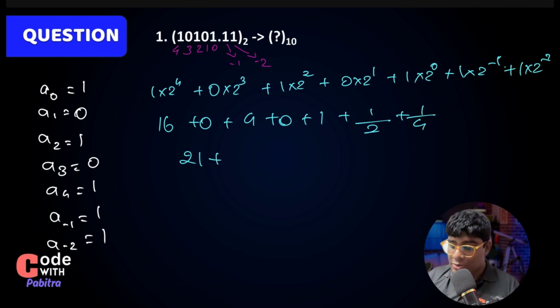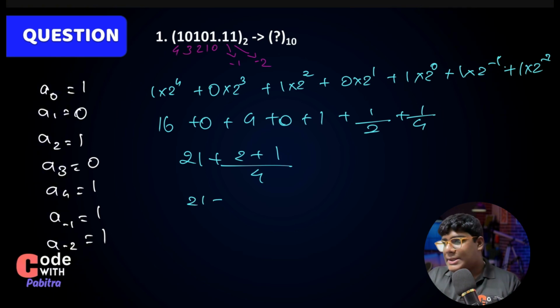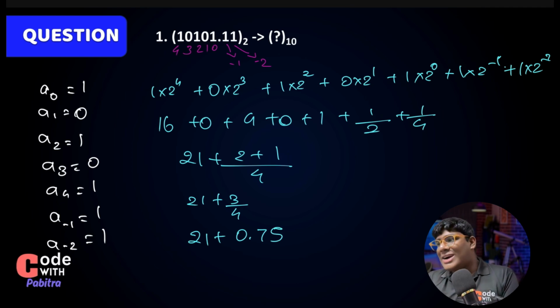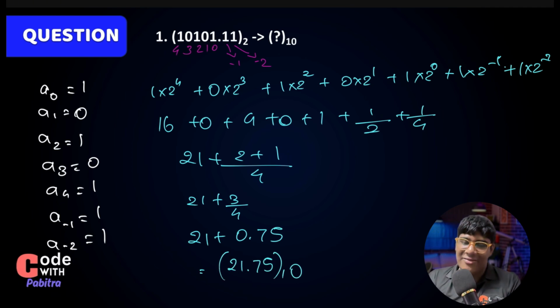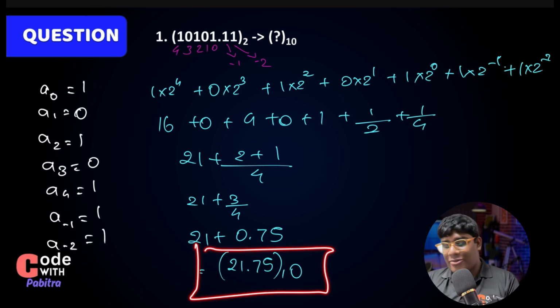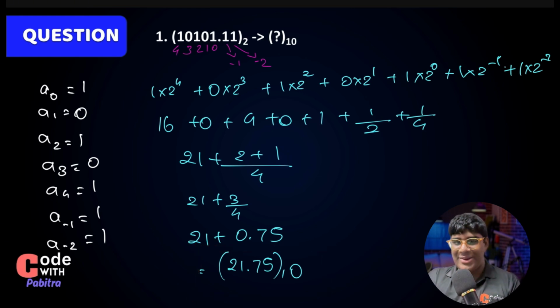So 21 plus 1/2 plus 1/4, we get like this, and this is base 10. Yeah, boom, we have converted this binary number into a human readable decimal number system.